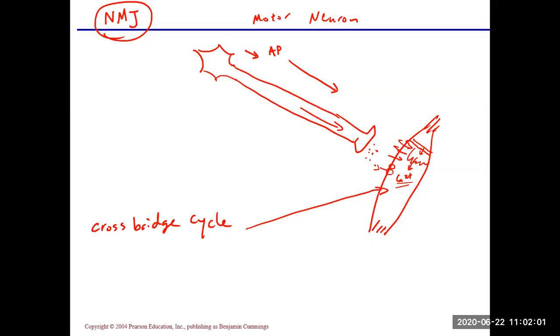So one of the things that is required for the muscle to contract is calcium. When you give calcium to the muscle, it is going to contract. Let's see how.